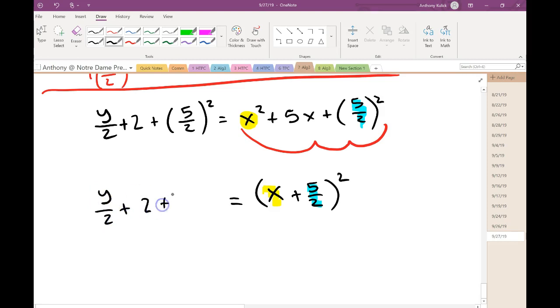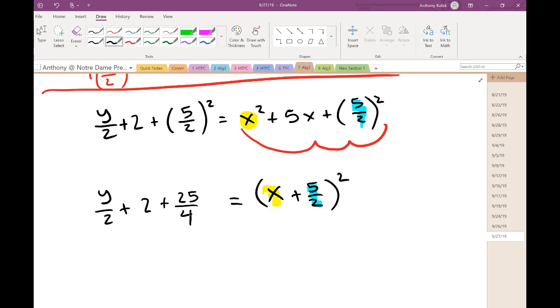So I'll start by squaring 5 over 2. To square a fraction, I just square the numerator, and I square the denominator. And now I'm going to want to add 2 and 25 over 4. To add those two together, what do I need to have? A common denominator. What would the common denominator be for this? It would be 4.